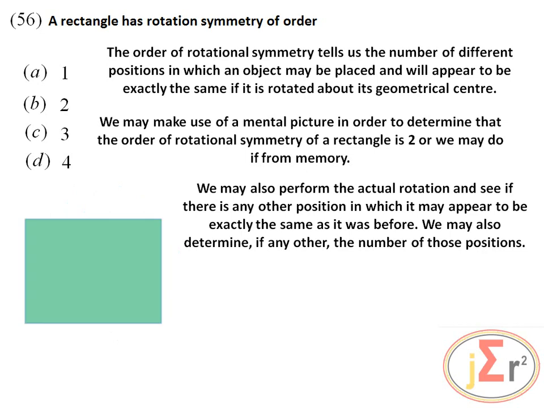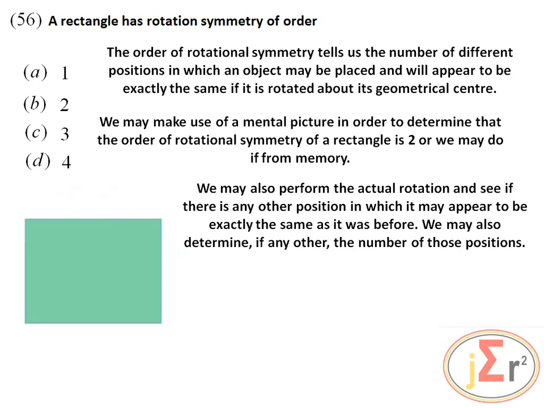We have not completed a full 360 degrees, in which event we would have been at the same place that we started. We are only halfway around. See, there is just a quarter of the way around, and we have a half of the way around, and we realize that the rectangle is exactly as it was before. So we are sure that it is in the original position as we have it right there, and if we turn it, it will appear to be exactly the same halfway around.